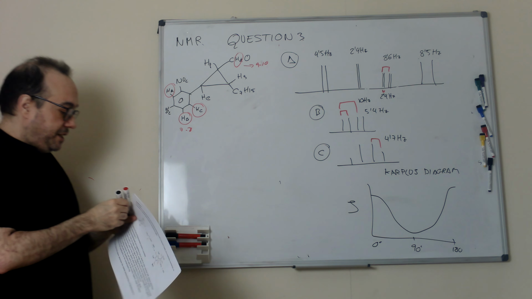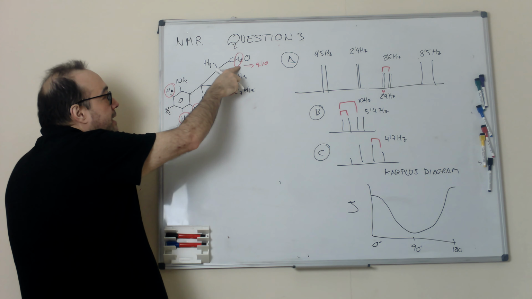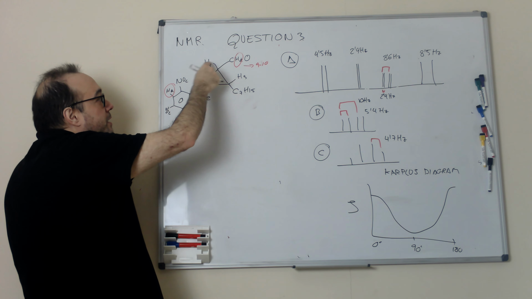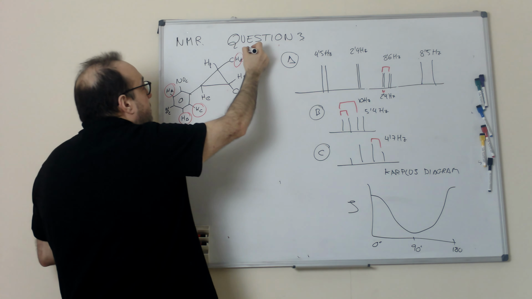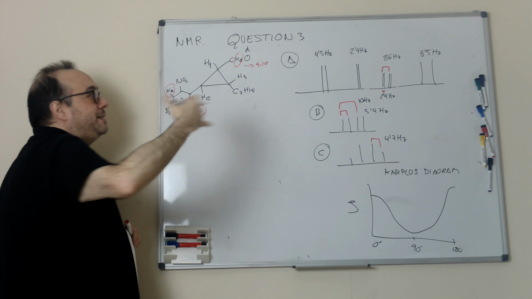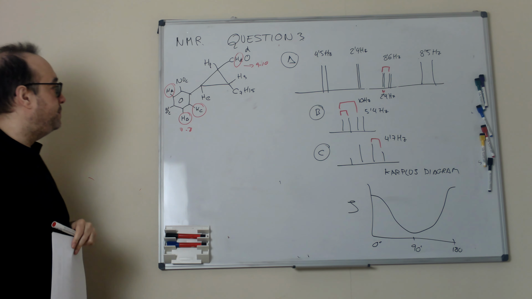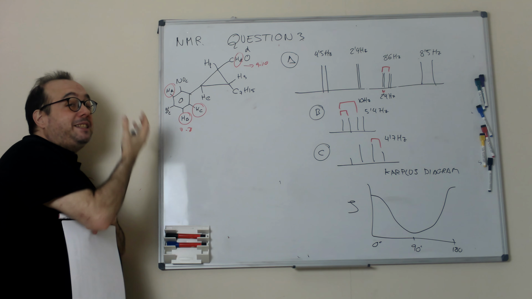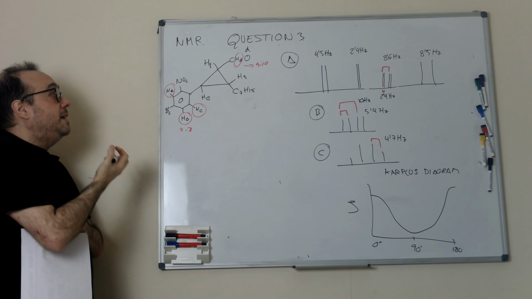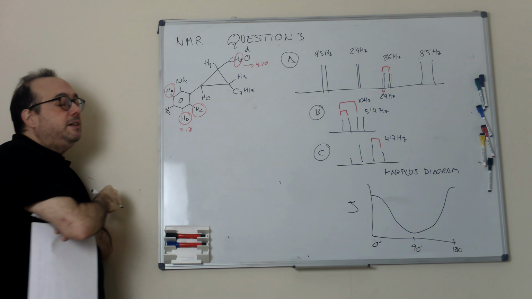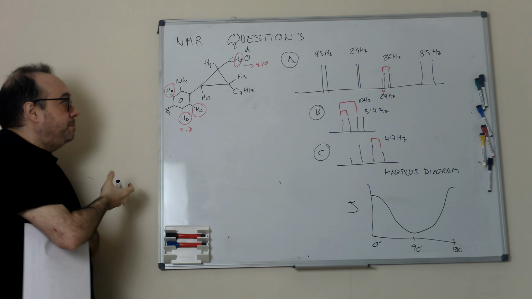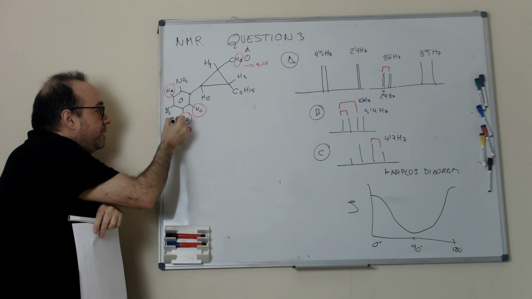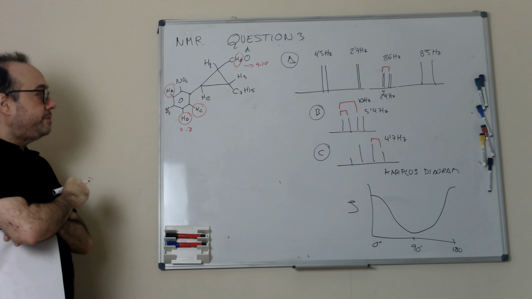Okay, HD will couple with HF. That means it will be a doublet. All the other couplings are so far away that we will not consider them. HA, at first sight, I would say is a singlet because it doesn't have any proton at J3. But we can consider that maybe it's coupling with HB.